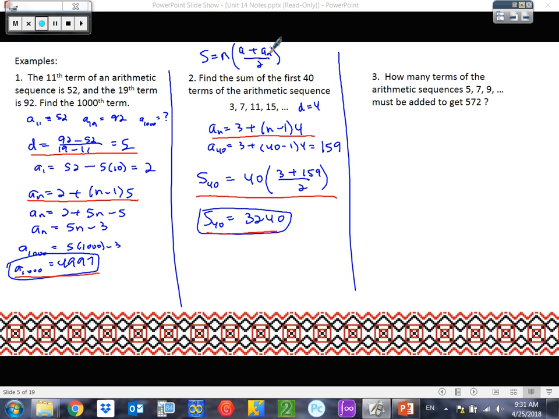They took the a sub n and they just put in, let's put the other formula up here. A sub n equals a plus n minus 1 times d. So think about this being replaced with this.